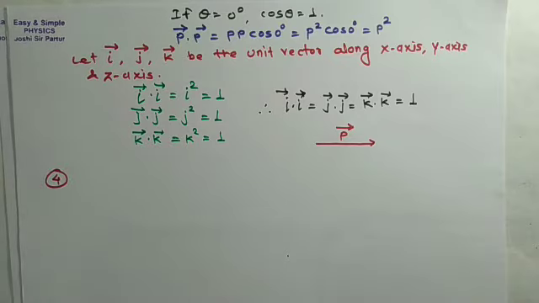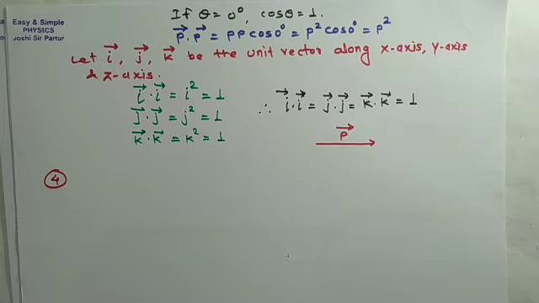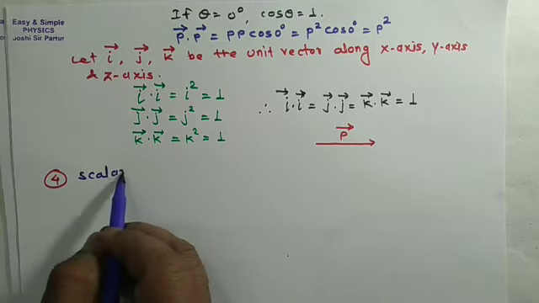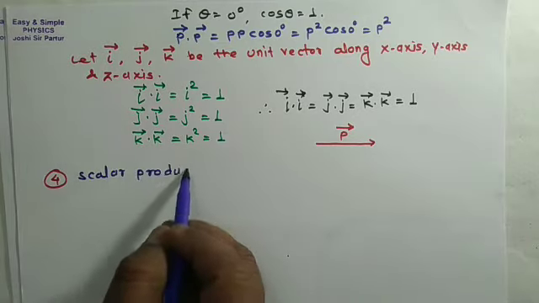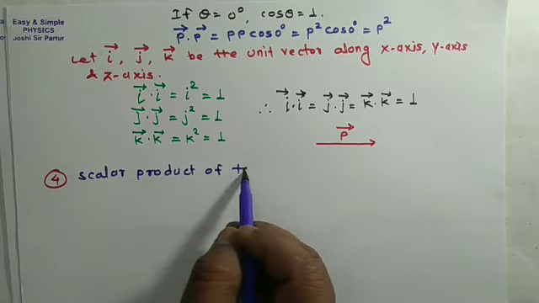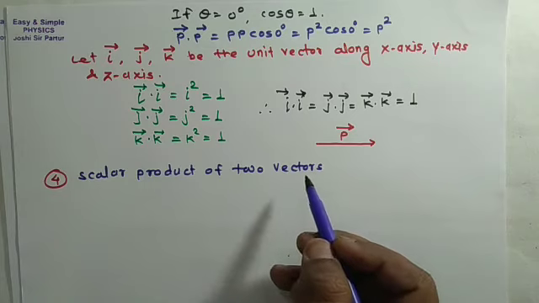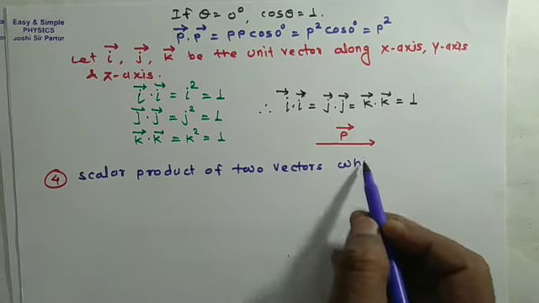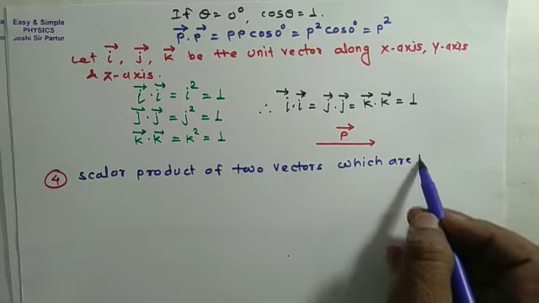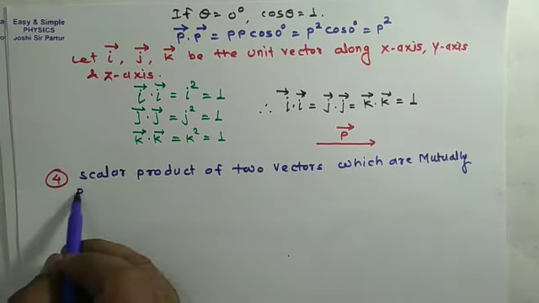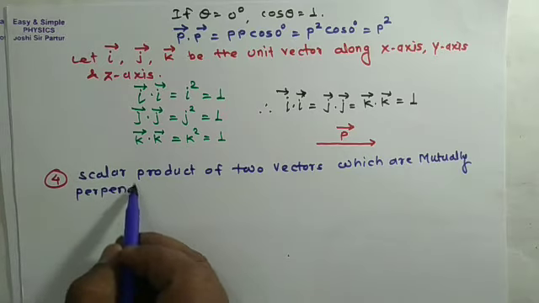The fourth characteristic is the scalar product of two vectors which are mutually perpendicular to each other.